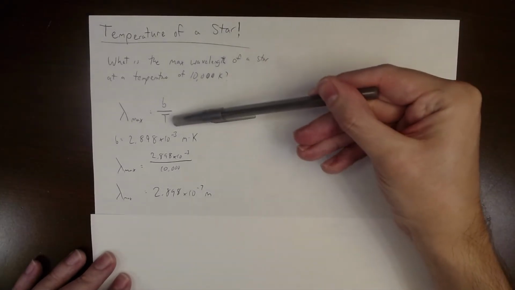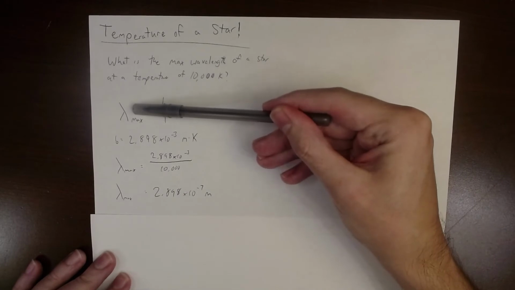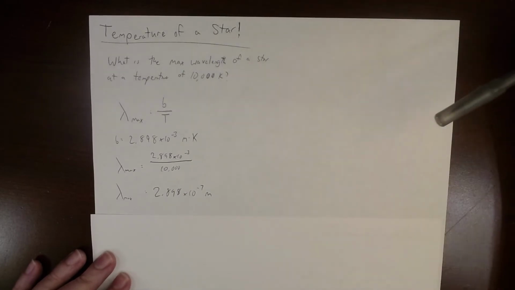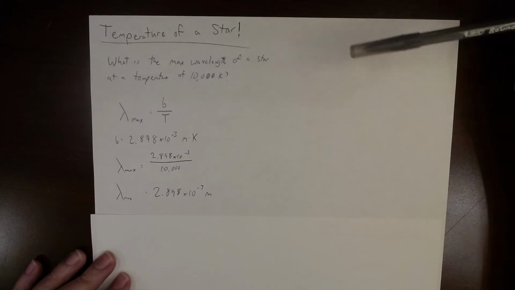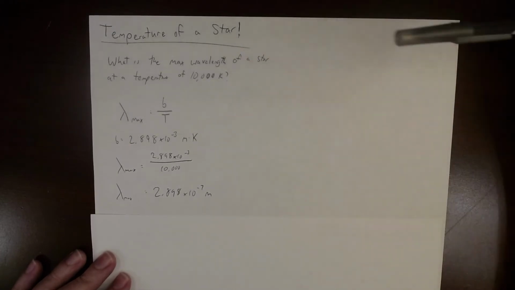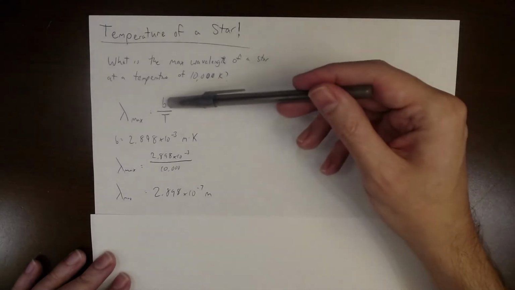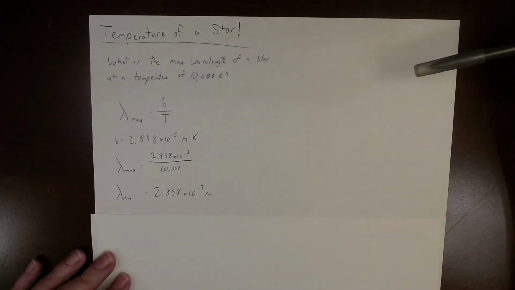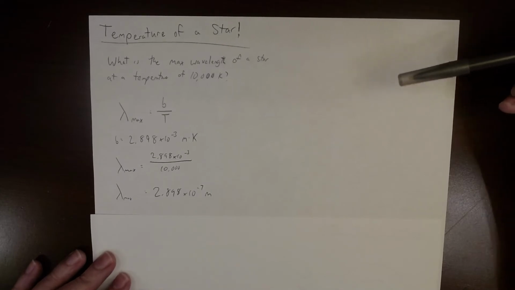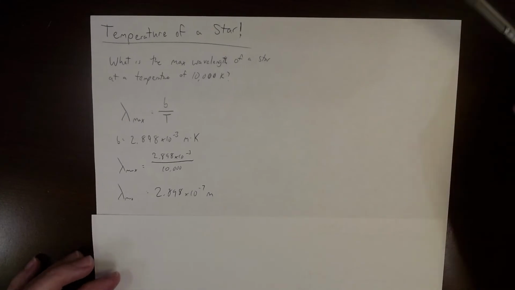They had an object at a certain temperature, and they looked to see what the maximum wavelength was coming off of that hot glowing thing. Like, oh, well, B is this. They tried it for a bunch of different temperatures, and they found a bunch of different wavelengths, and they saw that that number never changed. And it's like, oh, that must be a constant, because it doesn't change. And so that's how we came up with what B is equal to.